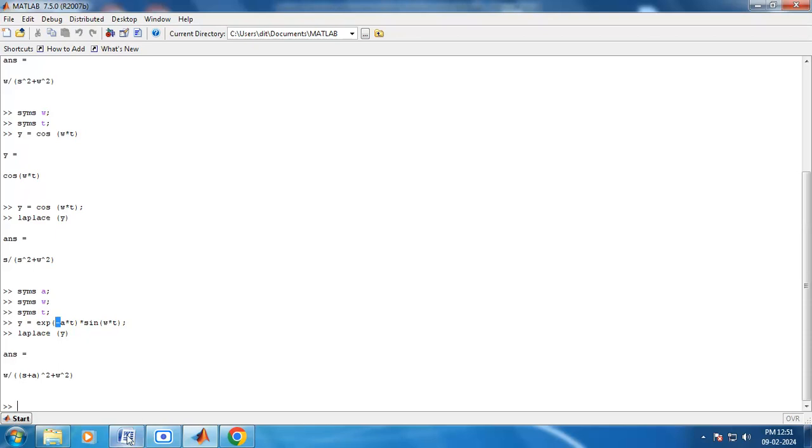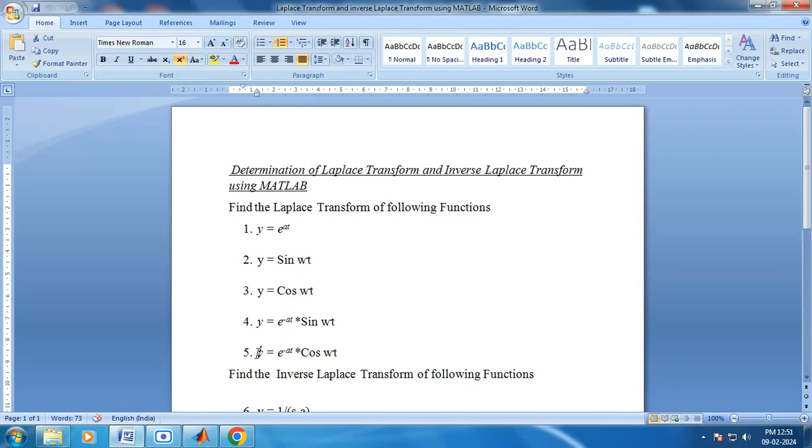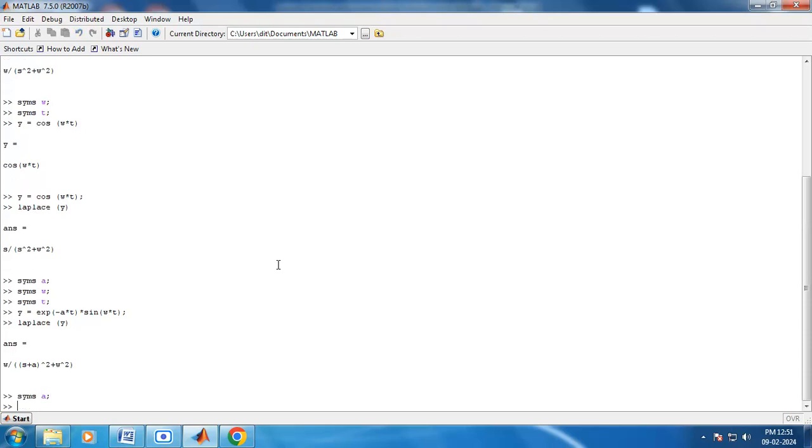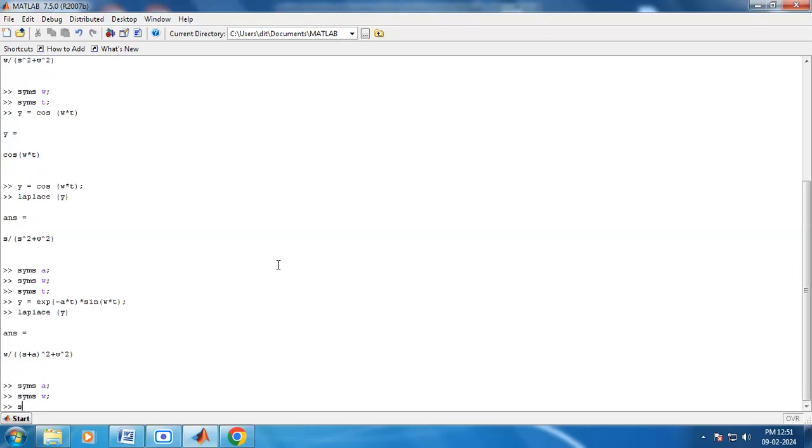Now we are moving to the next problem, that is the last one, y equal to e to the power minus at into cos omega t. In the same manner define the variables: syms a, syms omega, syms t.